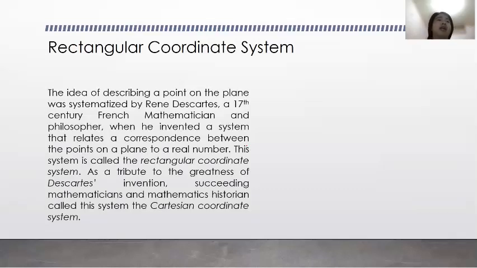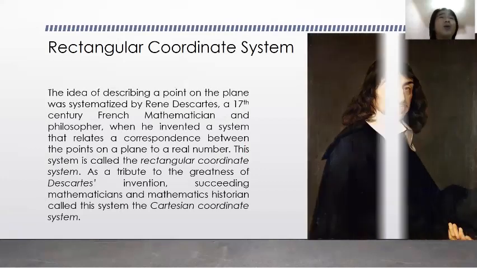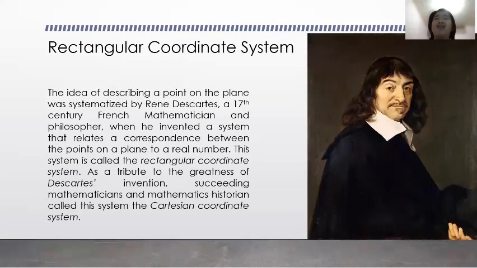This system is called the rectangular coordinate system. As a tribute to the greatness of Descartes' invention, succeeding mathematicians and mathematics historians called the system the Cartesian coordinate system. So this is how René Descartes looks like.